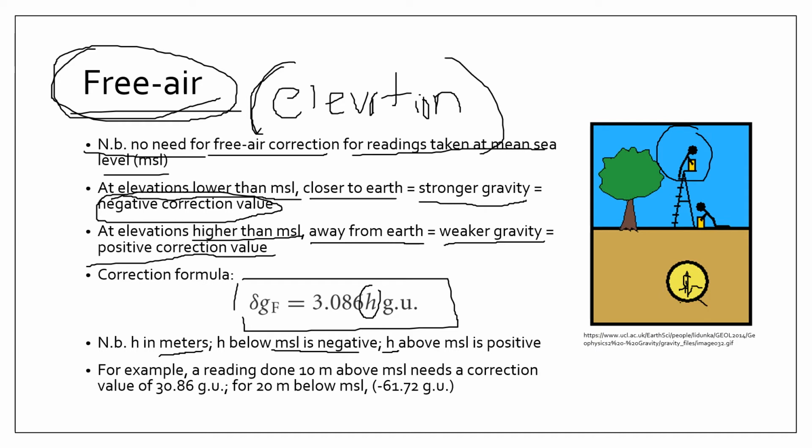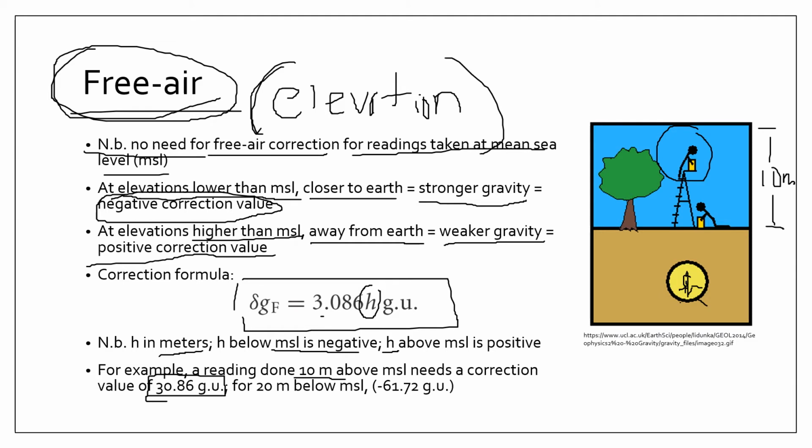For example, if you did a survey that is done 10 meters above your mean sea level, then just plug in 10 meters in this formula, and all you have to do is add a value of 30.86 gravity units to your reading in that station.